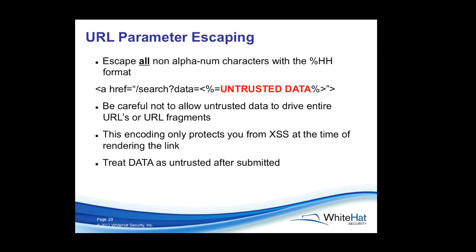Or how about percent encoding? Here we're taking untrusted data, we're placing it in the GET parameter of a URL, and I'm using JSP, JavaServer Pages notation here. So we have untrusted data. It's landing in a GET parameter value within a URL. In this case, all we need is percent encoding, URL encoding.